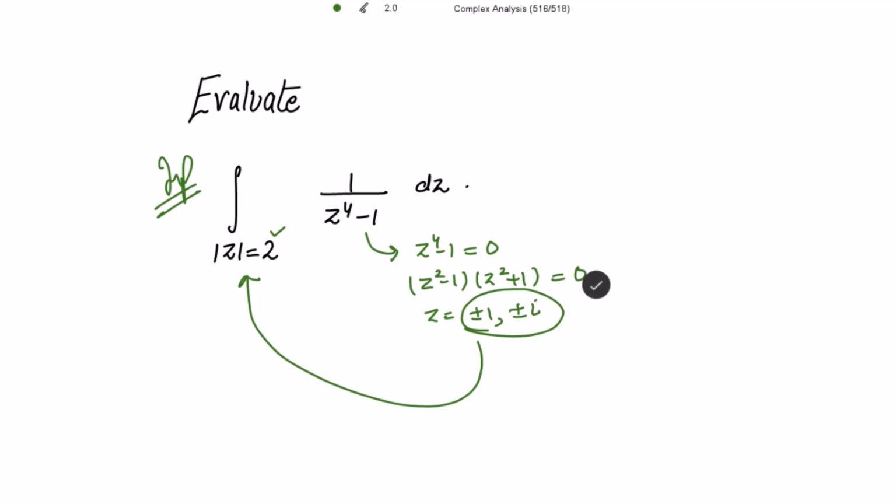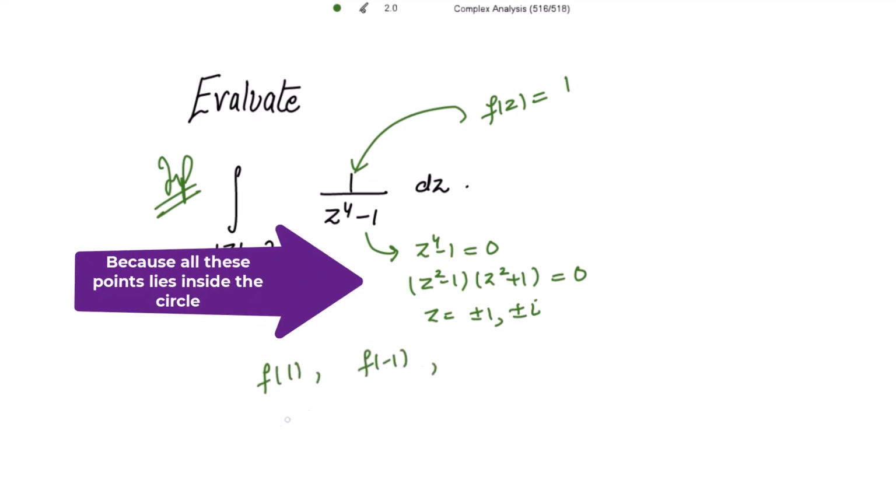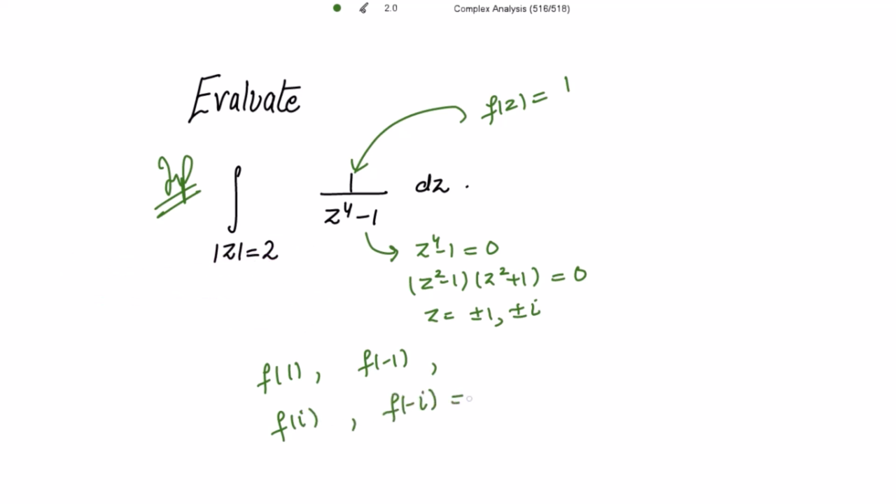So we need to use Cauchy's integral formula for all these points. For this, we need to check what f(z) is. f(z) is always equal to the numerator, provided all the points lie inside the circle when taking this denominator equal to 0. So to apply Cauchy's integral formula, we need the values of f(1), f(−1), f(ι) and also f(−ι).